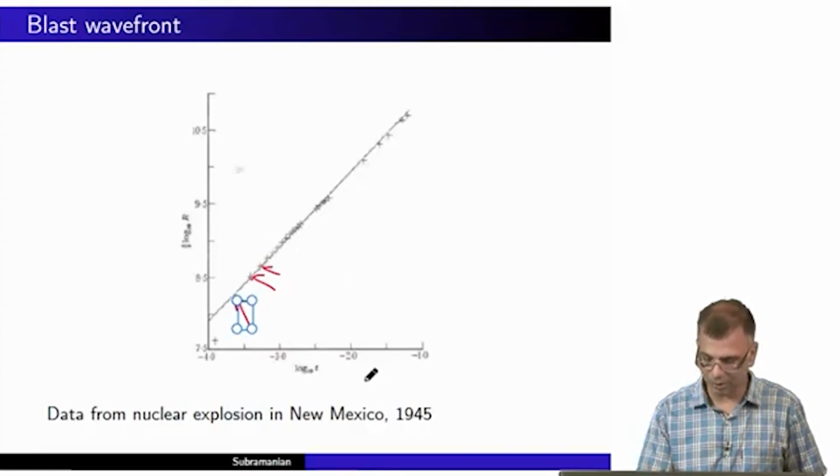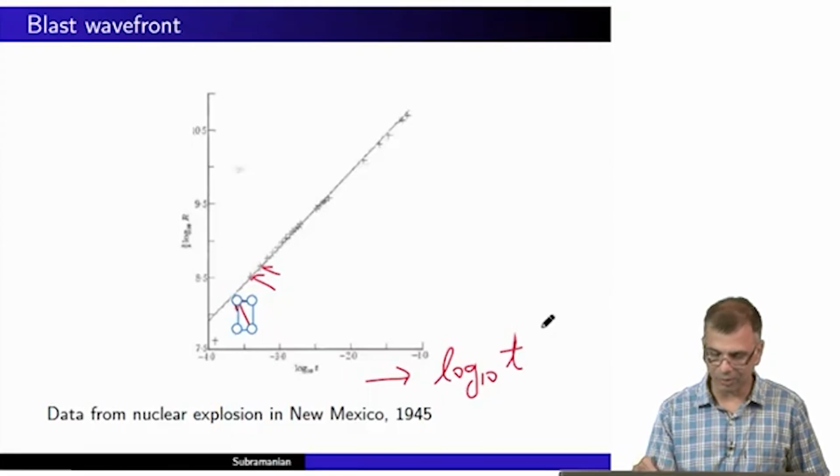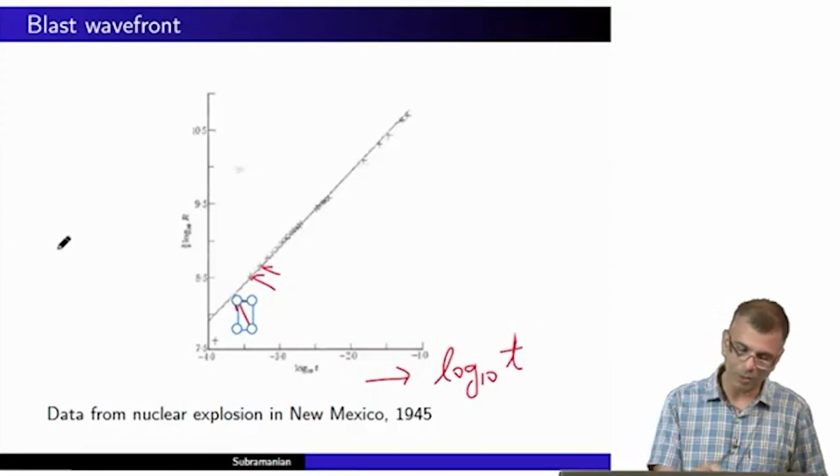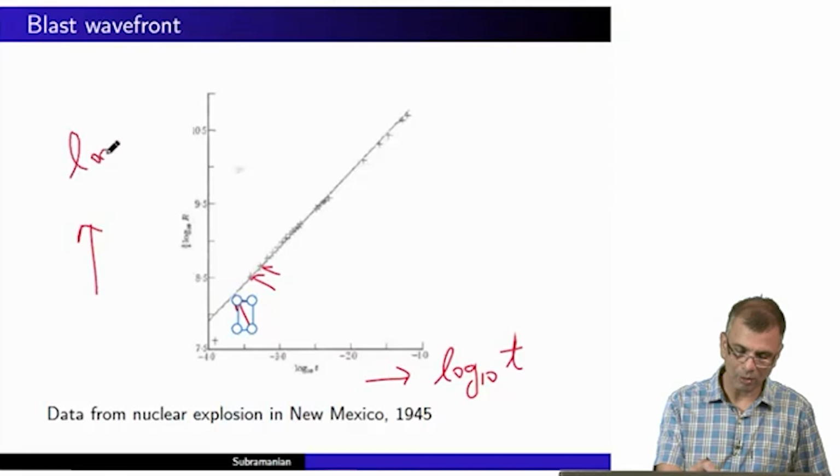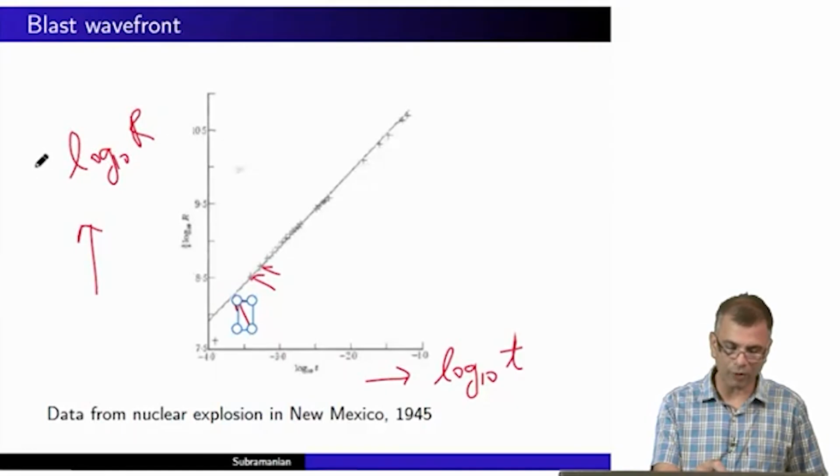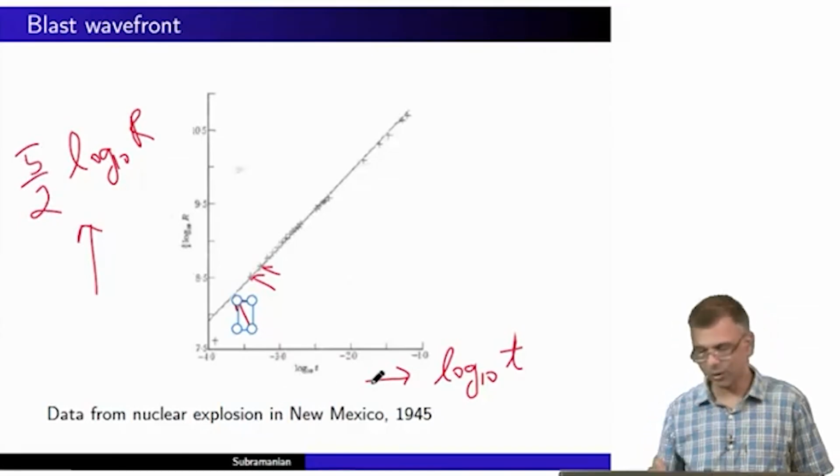What this is, you cannot read it very well, is log base 10 of time, and what this is is log base 10 of r, times 5/2. That is on this axis, and this is plotted on this axis.